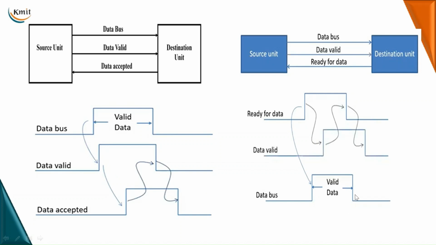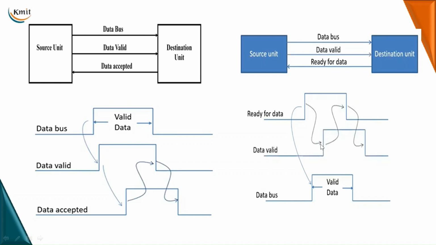Coming to the destination initiated handshaking mechanism, whenever the destination is ready for data, it will send a ready for data signal to the source. After seeing a ready for data signal, the source will place valid data onto the data bus and it will enable the data valid signal.